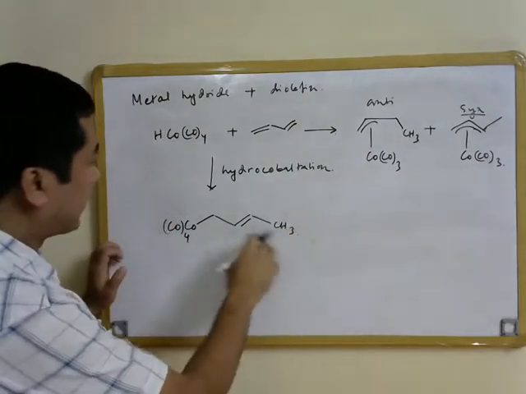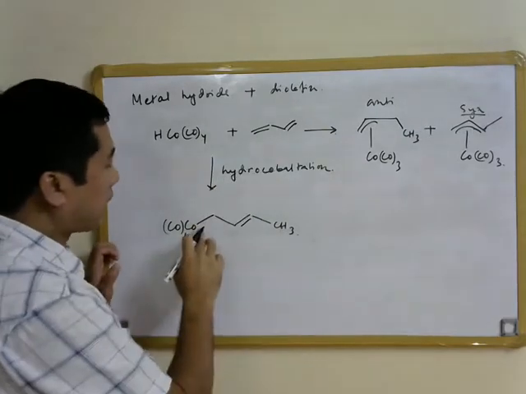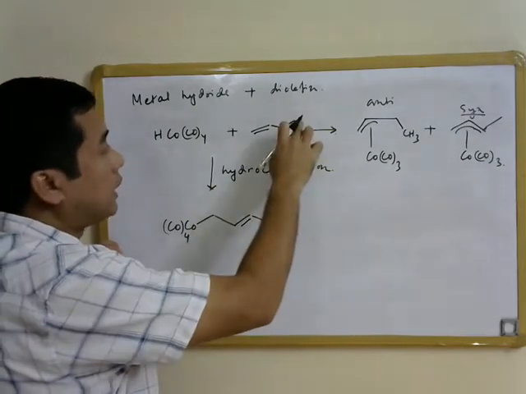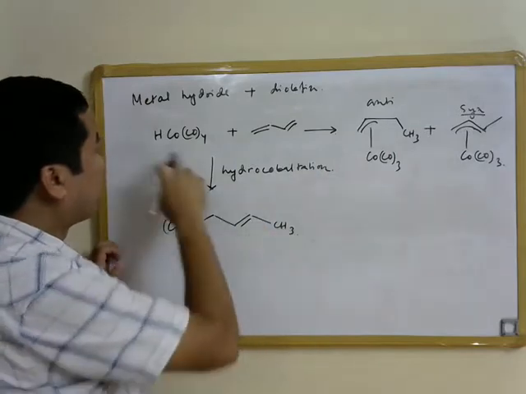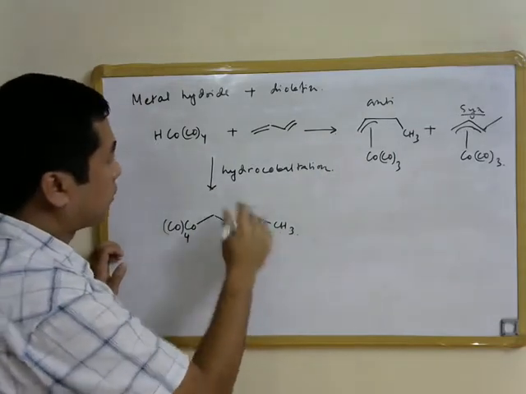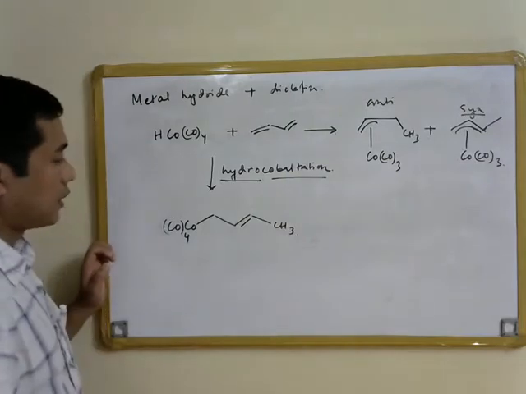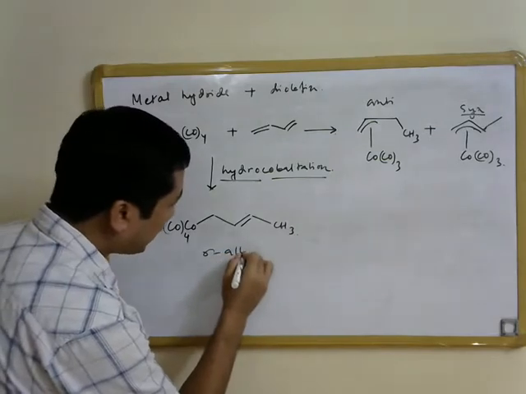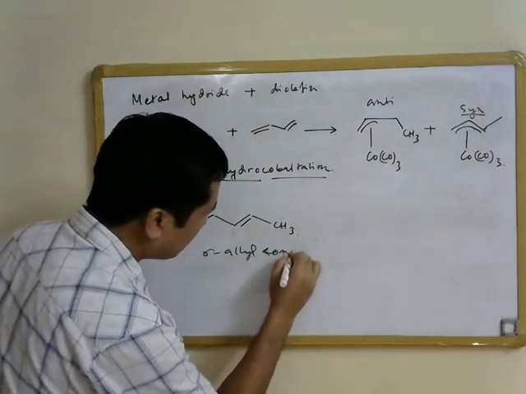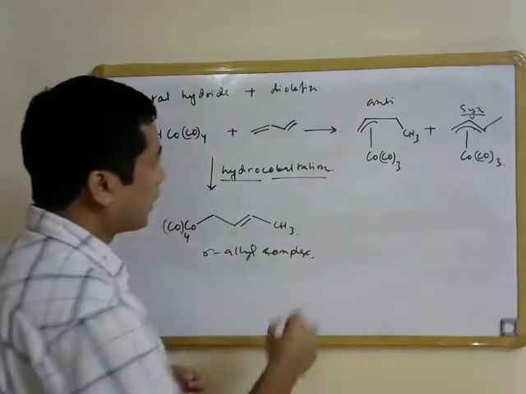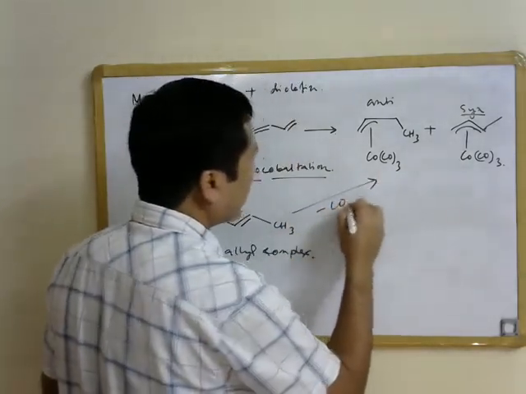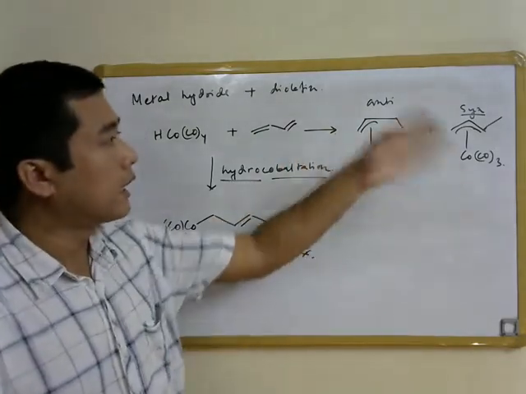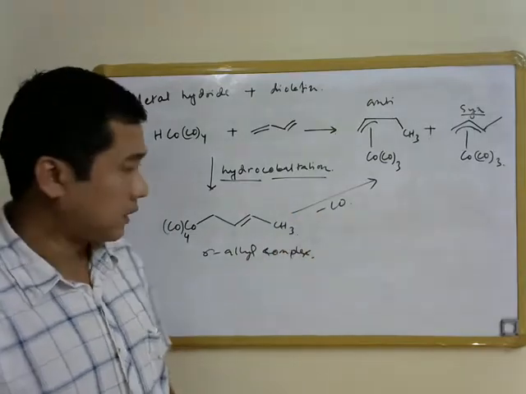One of the terminal carbon atoms gets attached to the cobalt center, while at the other terminal carbon atom the hydride ligand comes and attacks, and that is why we call it a hydrocobaltation reaction. You produce this sort of sigma allyl complex here. This is a sigma allyl complex. Now this complex will again undergo rearrangement by releasing one of the carbonyl ligands attached to the metal center, and then it is going to produce both these anti and syn cobalt allyl complexes.